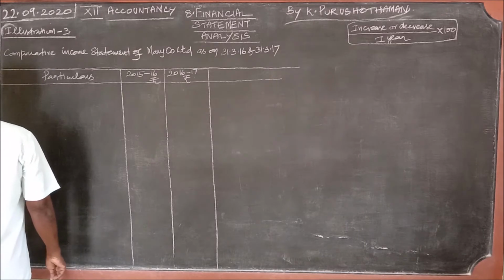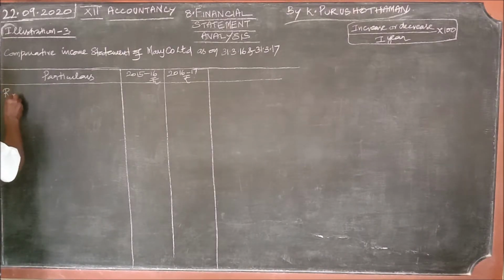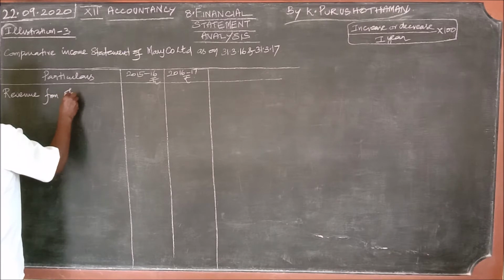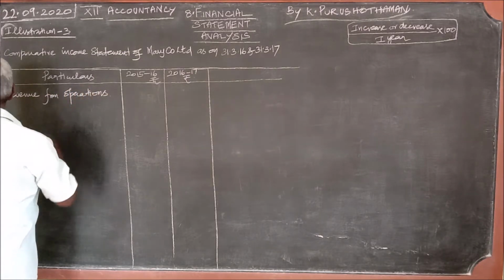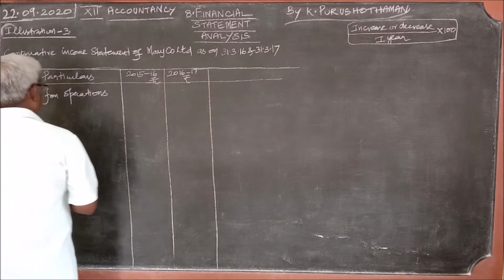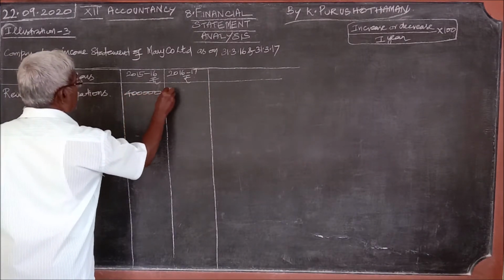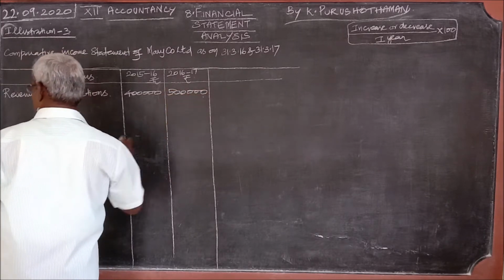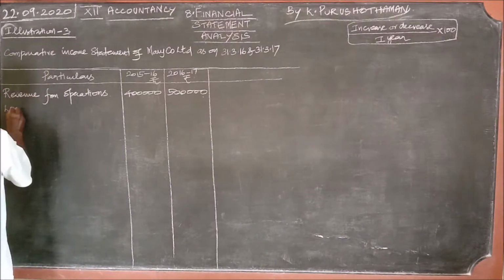Here, revenue from operations. That is income from operations: 4 lakhs, 5 lakhs. The next item will be expenses. Therefore, less.